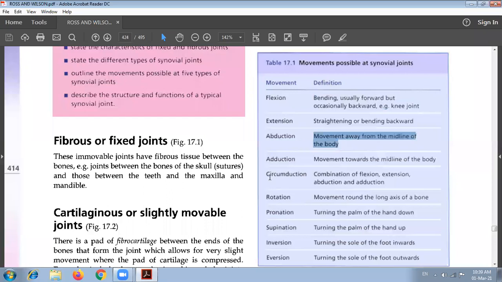So this is called circumduction. Various joints have flexion, extension, abduction and adduction movements. All these movements are allowed.